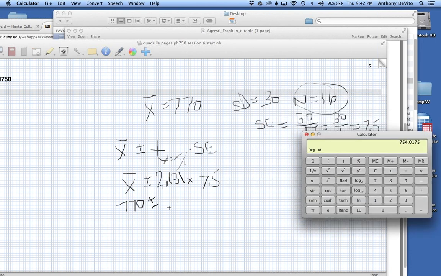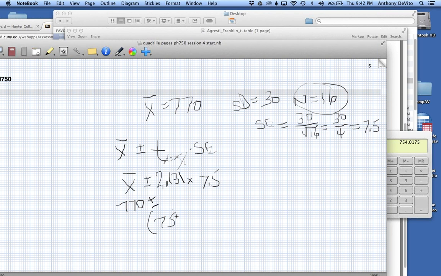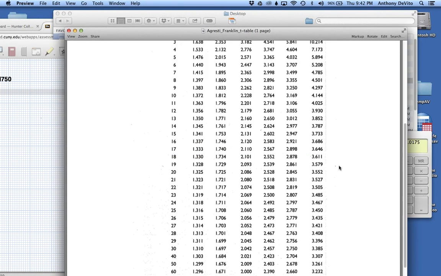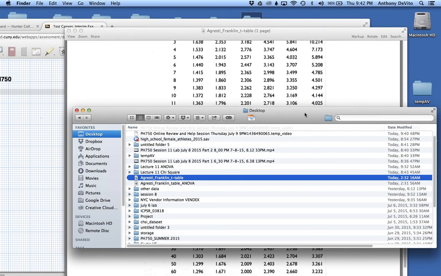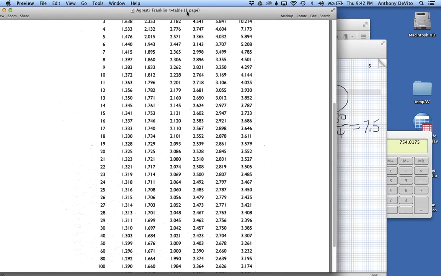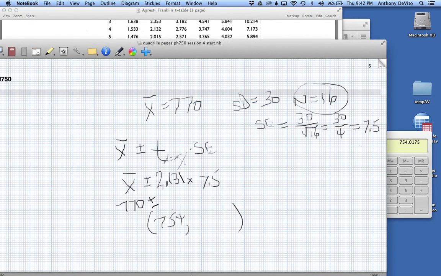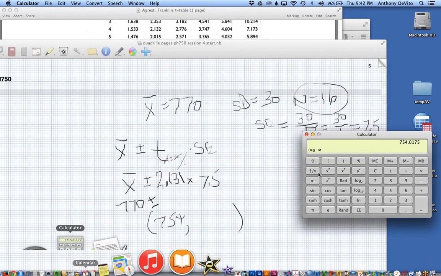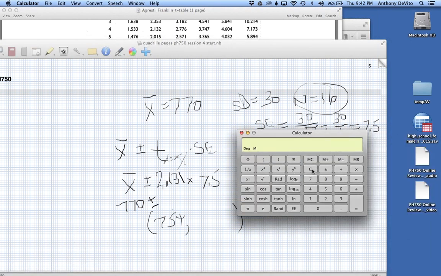Okay, let me just write that down. And our upper range for our margin of error is going to be 770 plus, yes, it's open book.